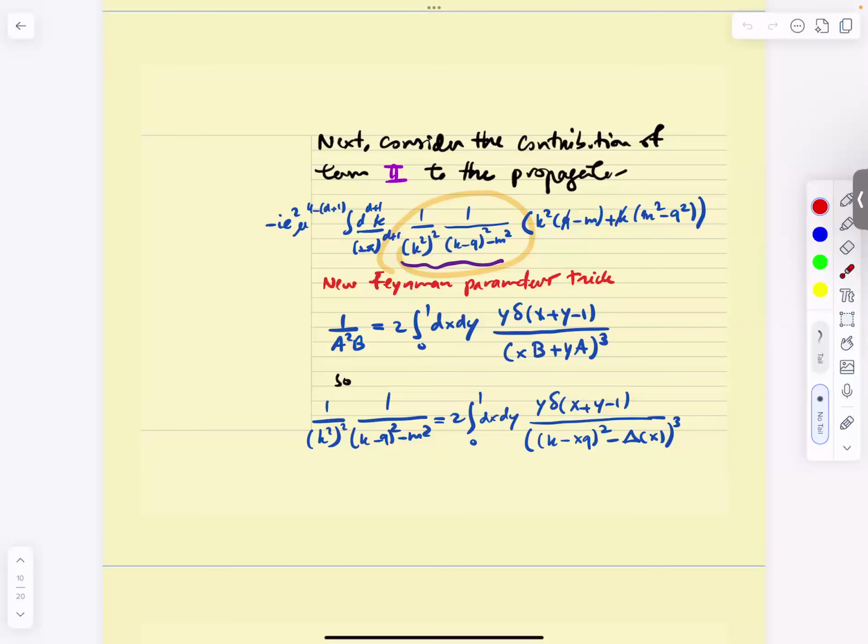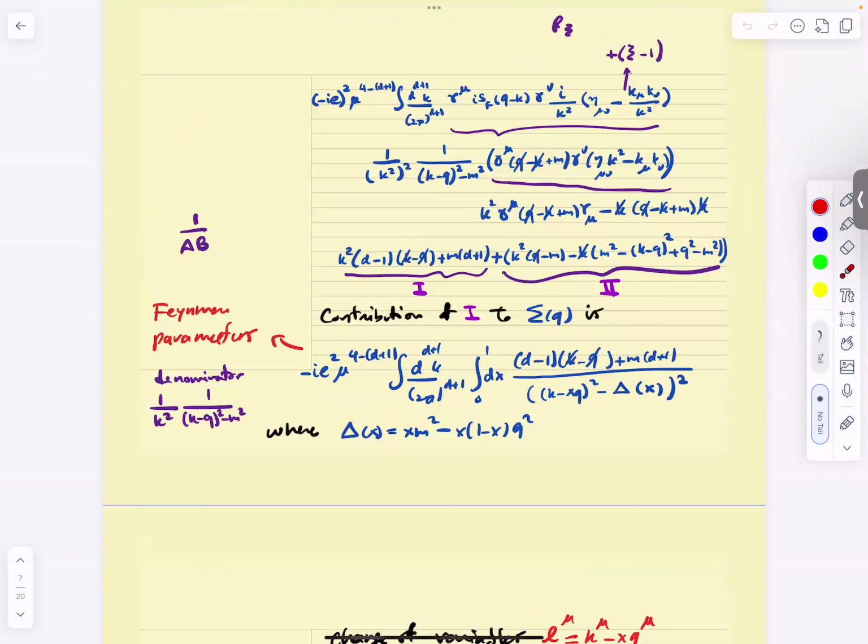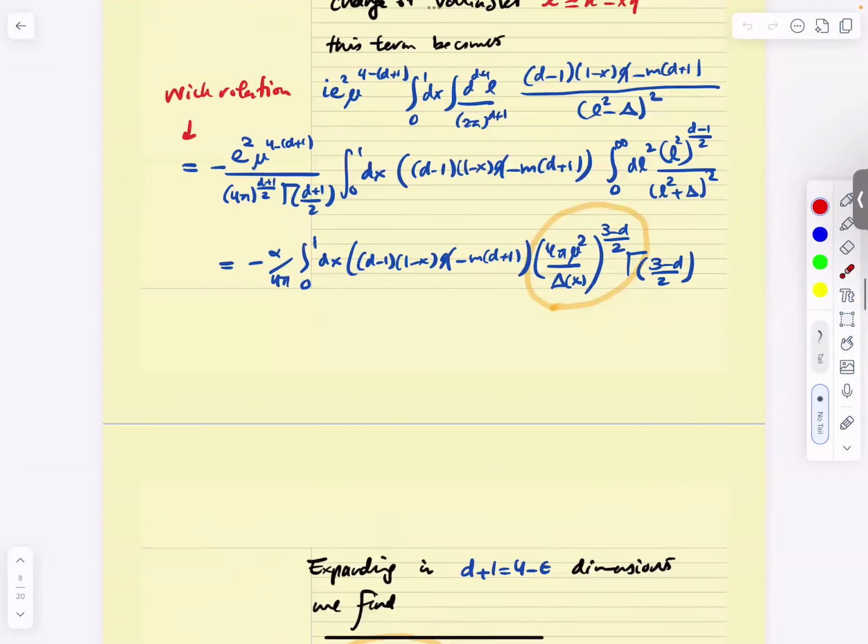Now let's go back and do the calculation for the second term. This first term involved doing some sort of a Feynman trick like this.